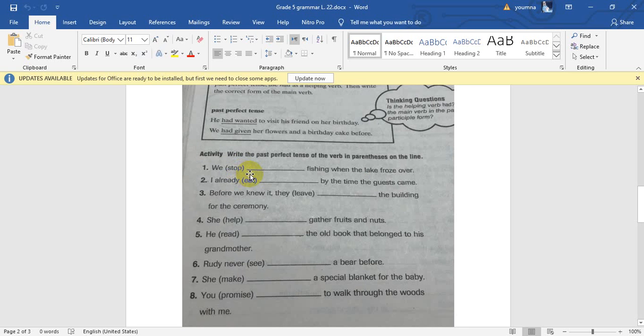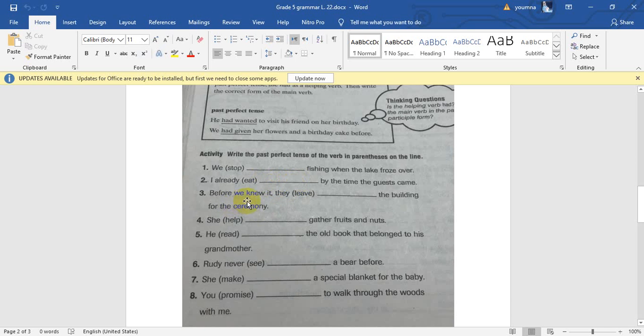Then number 2, I already eat. Be careful, guys. Here you will say I had already eaten. So you will write had first here in the space and then already and then eaten, because already as a key word must be between the two verbs, the helping verb and the main verb. So it will be had already eaten.